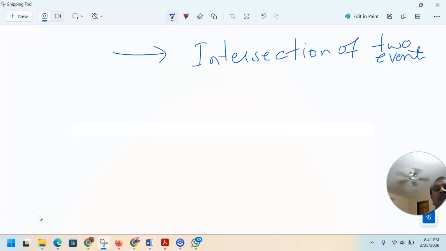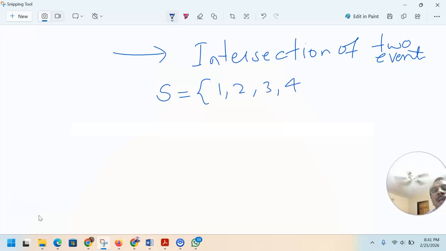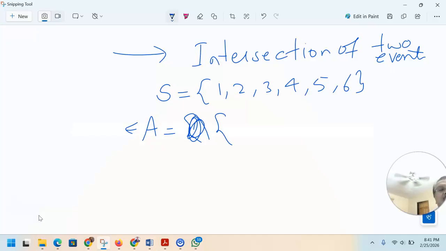Let me give an example of the same thing. Sample space of rolling a die. We know there are 6 outcomes, and I can call the first one A: an even number shows up. If an even number shows up, basically it means it is 2, 4, or 6, right?